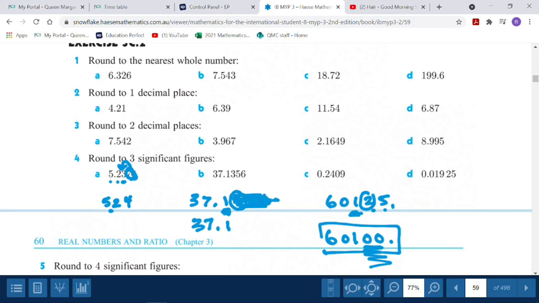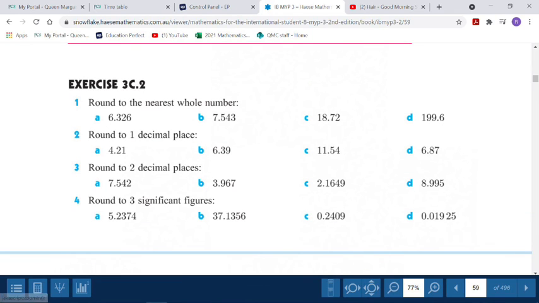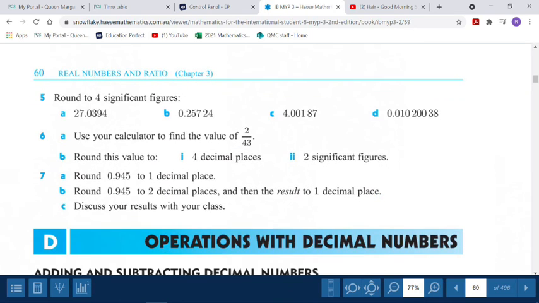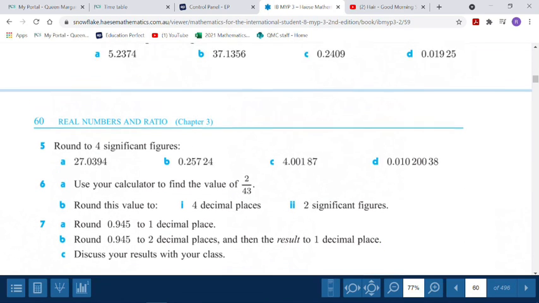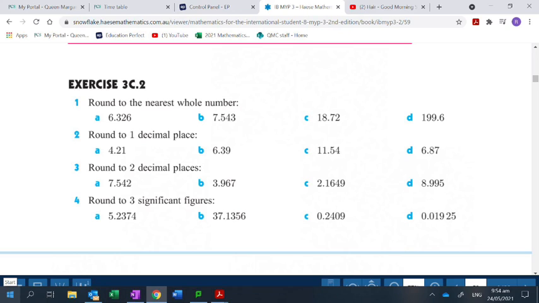All right, so let's look at this because you have an assignment. Your assignment is going to begin on page 59, 3C.2, and you can do 1 through 7, okay? So 3C.2, 1 through 7.